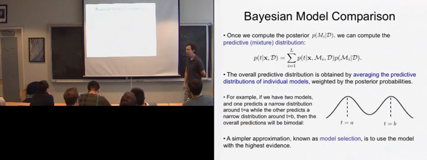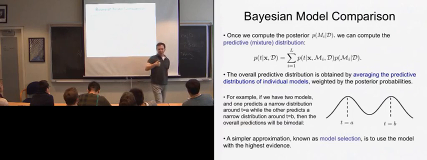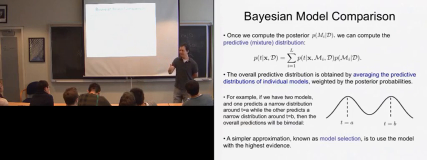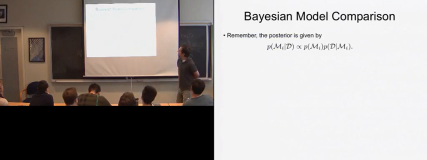Also, in Bayesian model averaging, what typically happens is that if you get more and more data, as n goes to infinity, the hope is that the posterior will be peaked around the true model, or the correct model, in which case you'll just be using that model for predictions. Now, remember that the posterior distribution is given by the evidence times the prior.